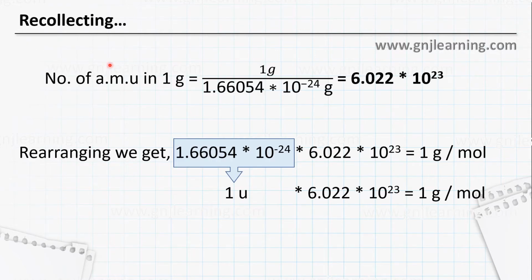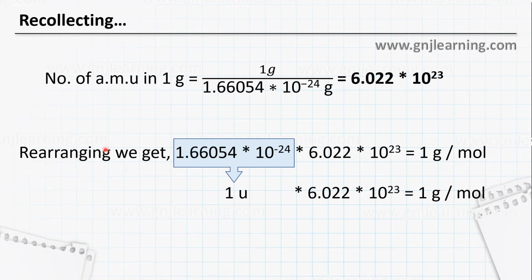So now let's try to recollect something. We have seen how to calculate the number of amu in 1 gram, isn't it? Initially we saw how to find out the value of a mole. So 1 gram divided by the mass of 1 amu is equal to 6.022 into 10 raised to 23. We got this value.